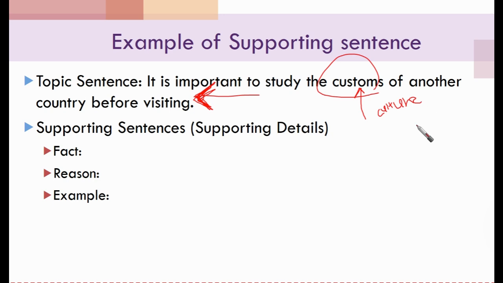Okay, you have to be careful. That's customs of the country. So when you are visiting a foreign country, do you think it's very important to study their culture? Yes or no? Okay, and you have to give fact, reason, and examples based on this topic sentence, and they should be related to the topic sentence.